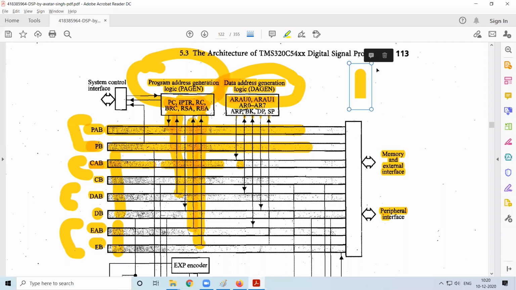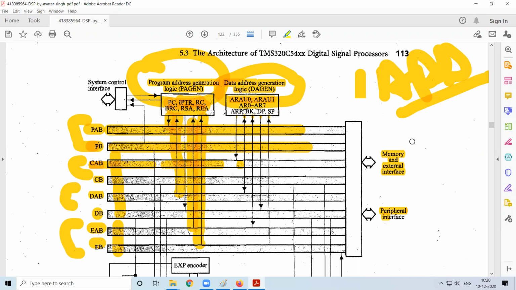For example, you write the instruction as add. Once you fetch the instruction, you get to know that you have to add some numbers, it may be 10 numbers, 20 numbers. After that, the program bus becomes free, so I can utilize this program bus for the remaining aspects. That is why it has access from these things.